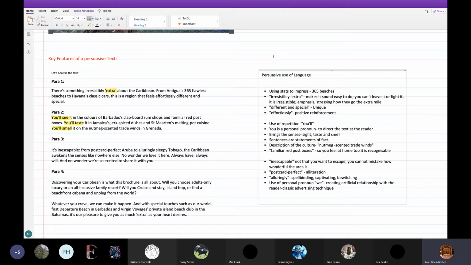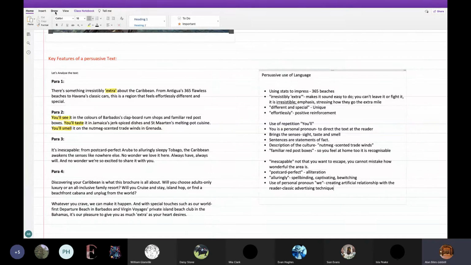As Mia was saying, it's an artificial relationship. It's just been put in place there, and it's done simply by using that pronoun, "we". And in the paragraph before it, they talked about how it's directed at you: you'll taste it, you'll see it, you'll smell it. It's directing everything at you. And then you see in this final paragraph, it says, "No wonder we're excited."